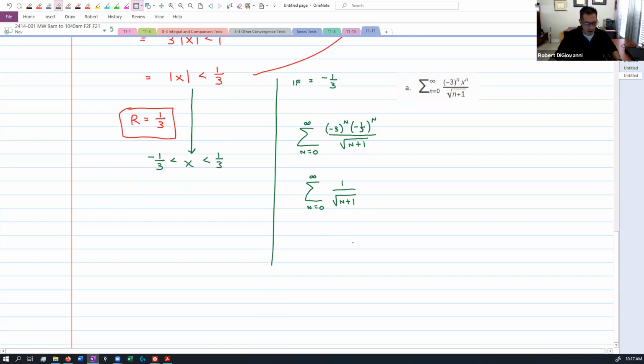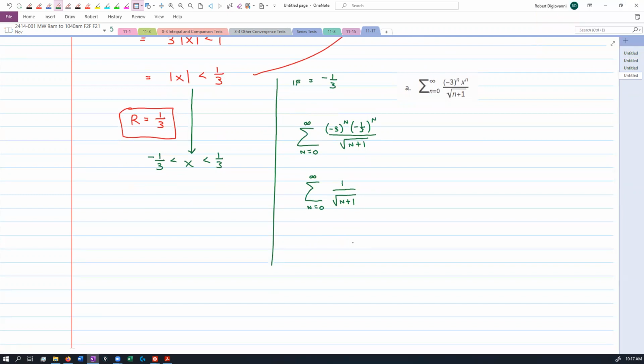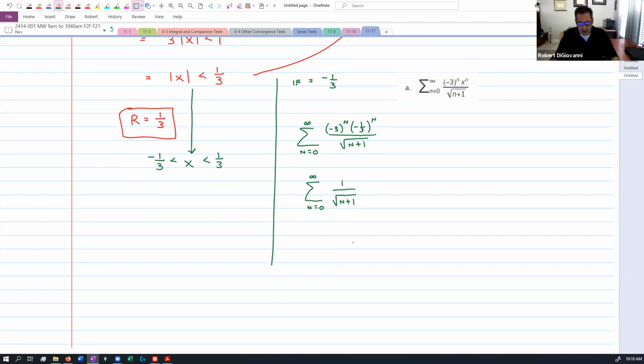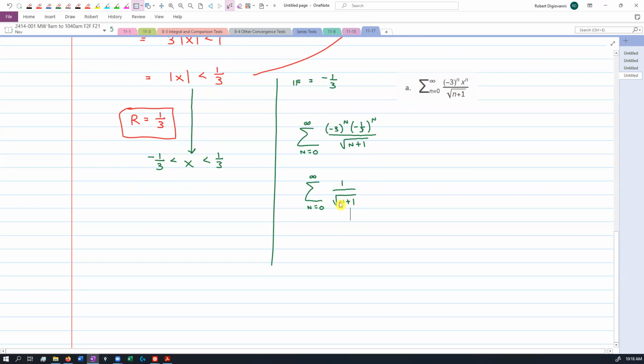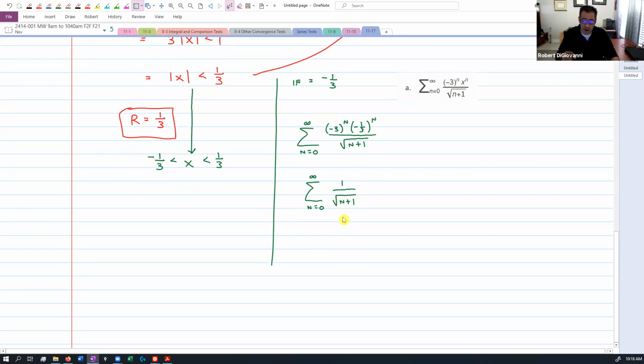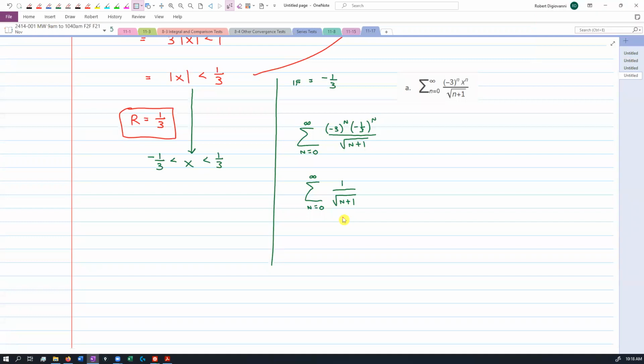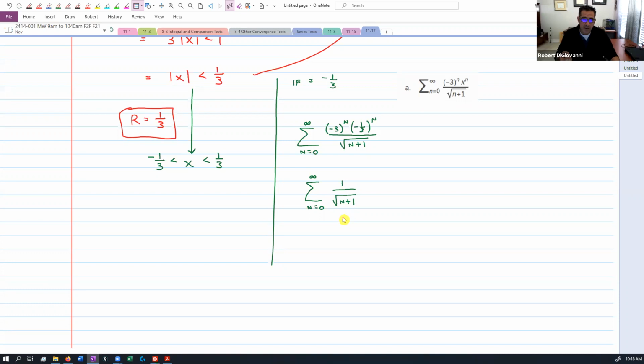So how would you go about that one? Isn't that a p-series of 1/2? It kind of is, except that we have the +1 under here. If it were just square root of n, it would be a p-series. But you know what, Ian? You could compare it to a p-series. So maybe you run the comparison test here.